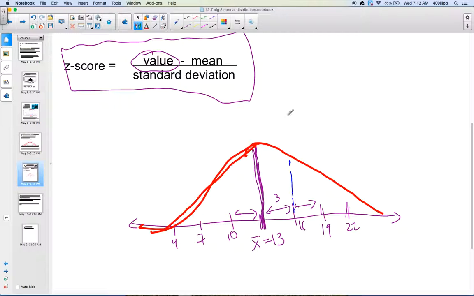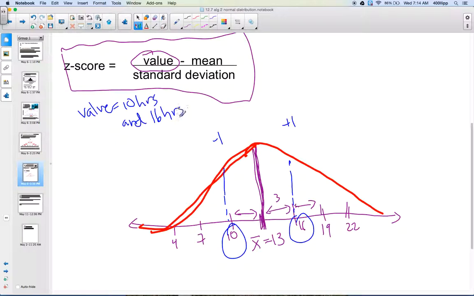So if we're looking at +1 and -1, we get values of 10 and 16. So our values will be 10 hours and 16 hours, which gives us one standard deviation above and one standard deviation below.